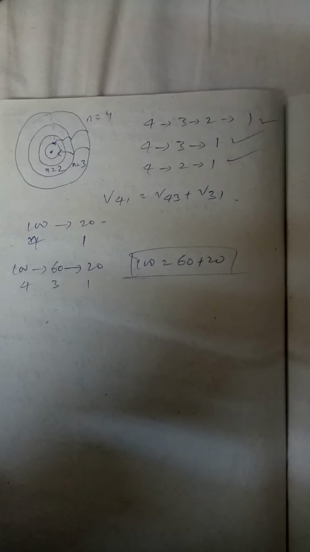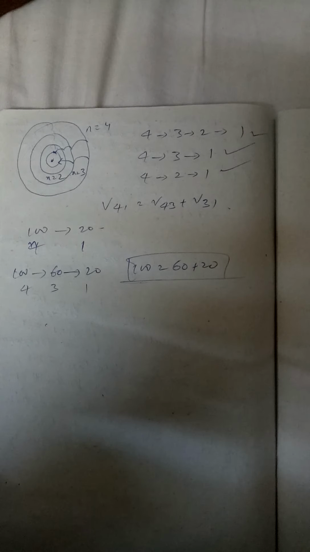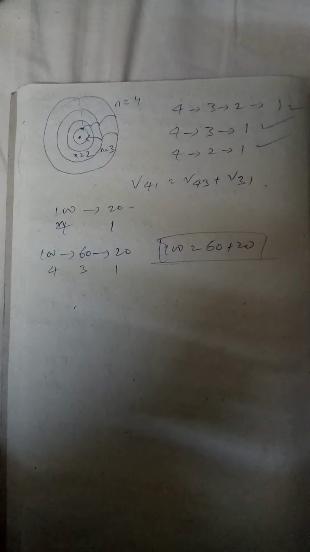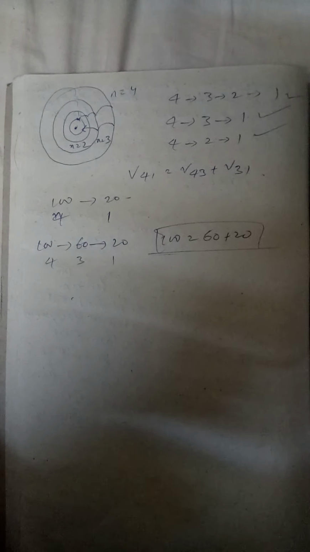Okay. So for 4 to 1 he is saying the frequency is V41. So V41 is equal to, 4 to 3 it jumped, V43 plus V31. Option A is the right answer. So basically it is like this. With an example, let us say the fourth orbit has frequency 100 and it jumps to the first orbit with frequency 20. The frequency is dropping, 100 to 20 there is a drop.